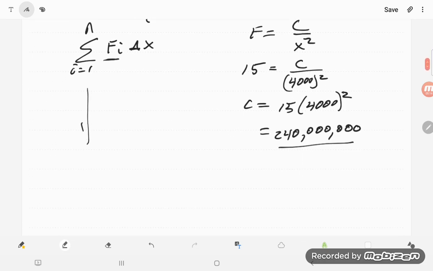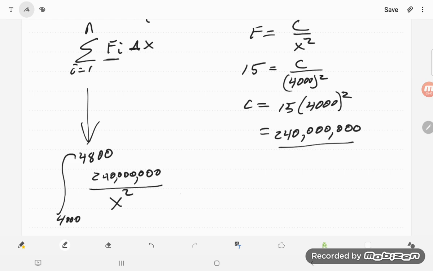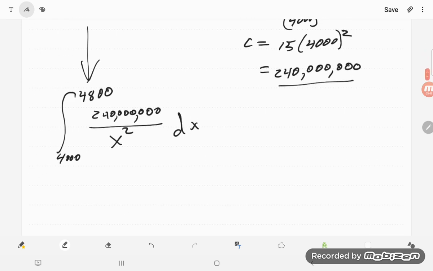So that ends up making an integral, and we start at 4,000, and we end up, how high are we putting this thing up? 800 miles. So we're going up to 4,800. And we just have our 240 million, big numbers here, 240 million over x squared dx.